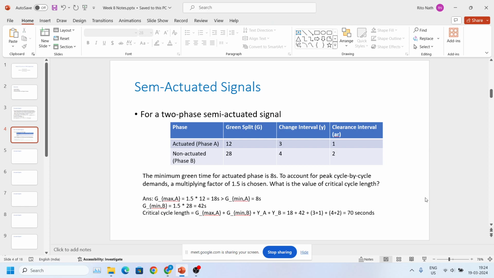Yeah, so this problem was very simple, and let me see what were the exact numbers in the assignment. I think it shouldn't be too critical. Okay, so here the multiplying factor is somewhat different.